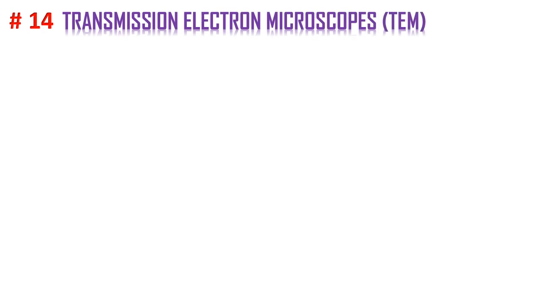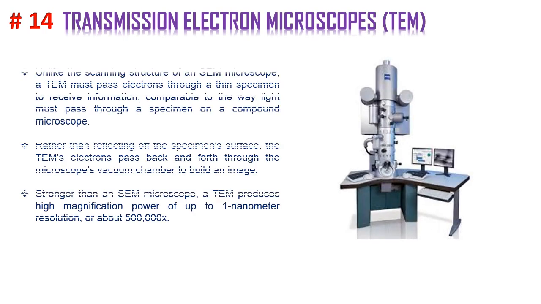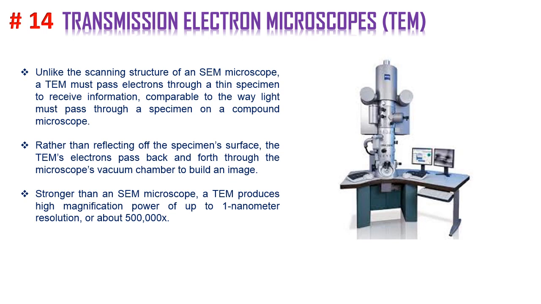And number 14 is transmission electron microscope, TEM. Unlike the scanning structure of some microscopes, a TEM must pass electrons through a thin specimen to receive information, comparable to the way light must pass through a specimen on a compound microscope.